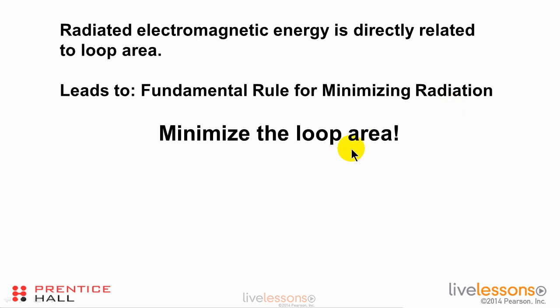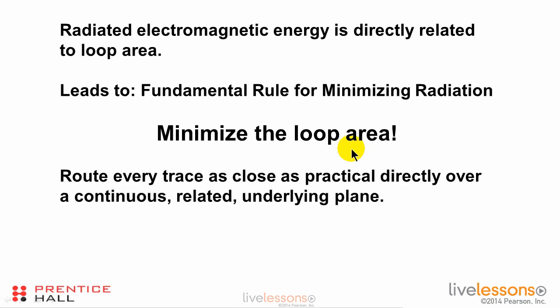This is perhaps the most fundamental rule for signal integrity purposes in printed circuit board design, and we do that by routing every trace as close as practical directly over a continuous related underlying plane. That is our number one design rule in printed circuit board design for signal integrity reasons.